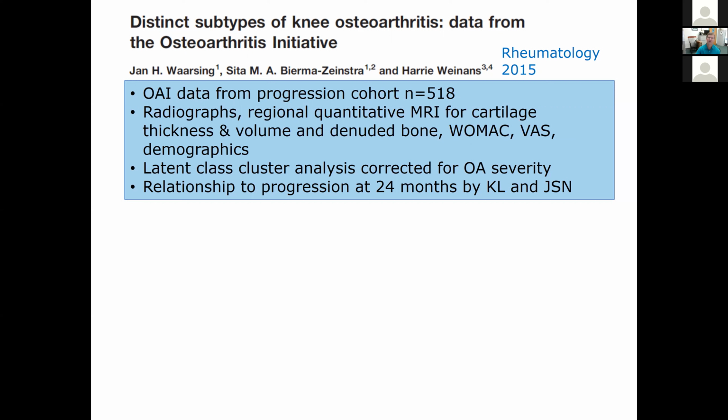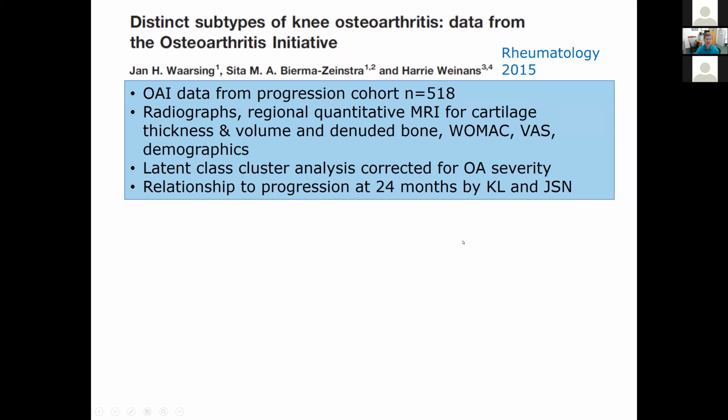They used data of the progression cohort, 518 individuals, and they combined both the plain radiographs as well as the MRI outcome measures, quantitative measures of thickness and volume and change in the bone, and some of the clinical measures, WOMAC, VAS pain scale, and demographics.